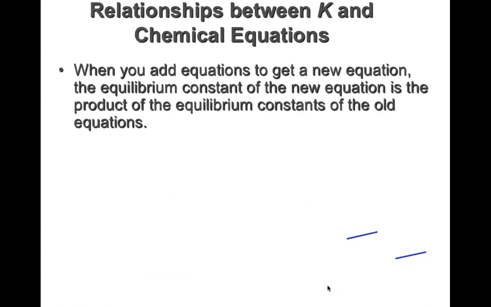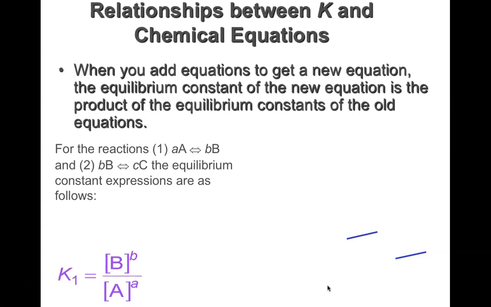All right, so relationship with K and chemical equations, as I've kind of alluded to. When you add equations to get a new equation, the equilibrium constant of the new equation is the product of those equilibrium constants of the old ones.